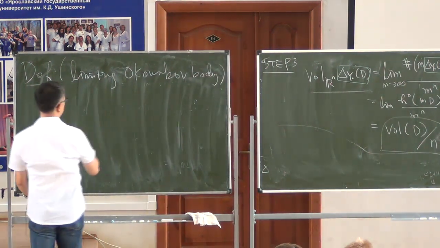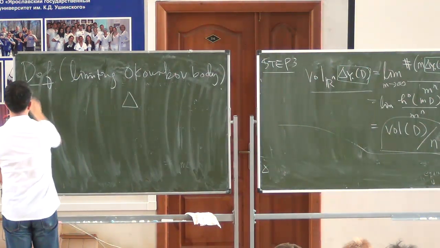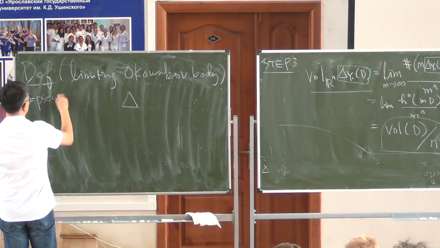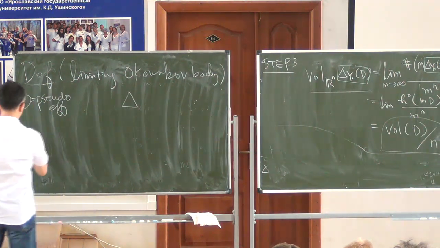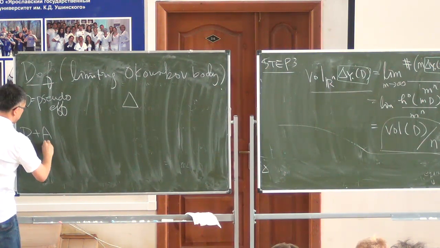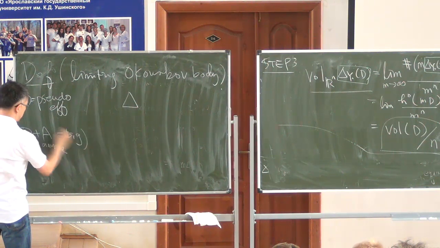So it's basically this. D is a pseudo-effective divisor, and we know that if you add some ample divisor to a pseudo-effective divisor, this becomes a big divisor.